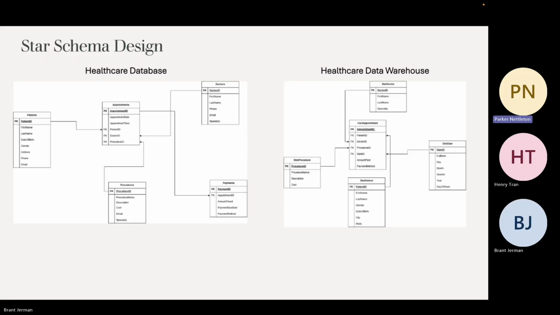The patient's information is more basic, pertaining to what might be needed for the patient's care. With the doctors, it's more basic on just who they are and how we can contact them. And then at the bottom, we need to be able to pay for the appointment, so that is tied directly to the appointment ID.